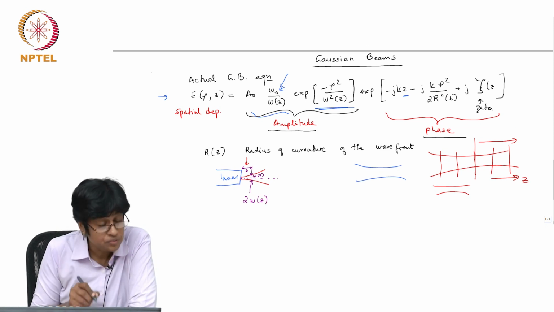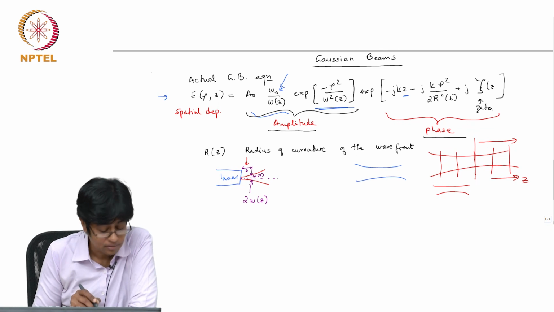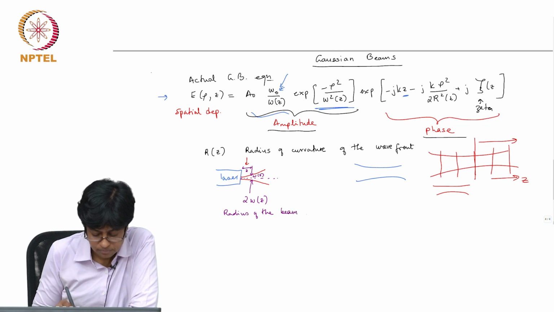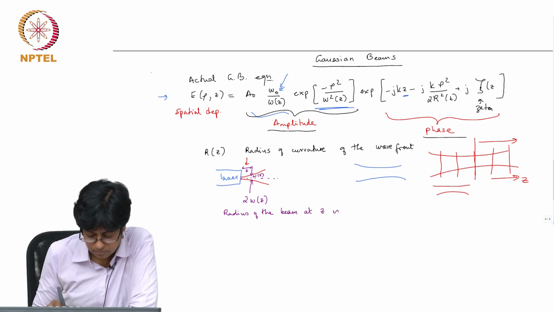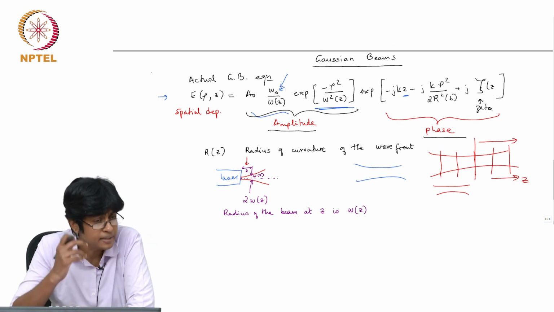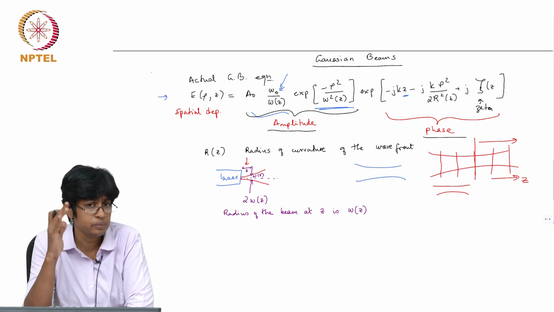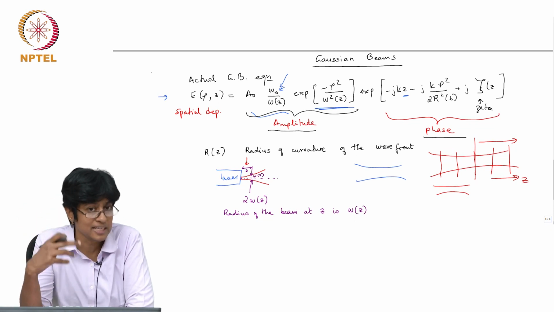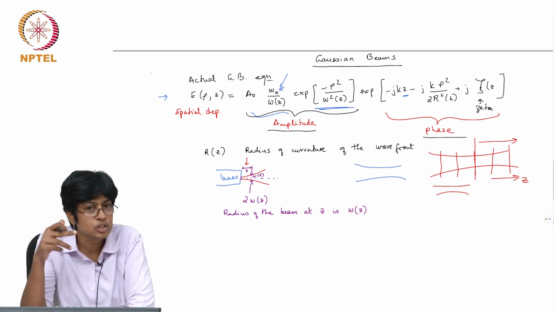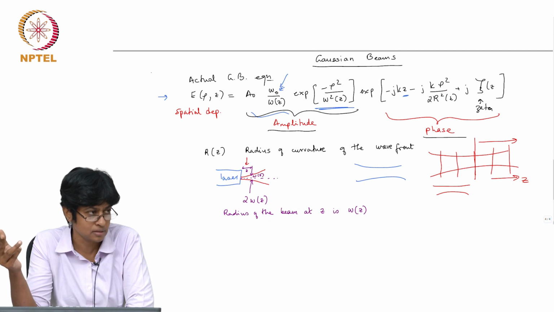So the radius of the beam at Z is omega of Z. We had the same idea when we were doing geometric optics, and we talked about the size of your lens, the diameter or the radius of your lens, as opposed to the radius of curvature of the lens, right?